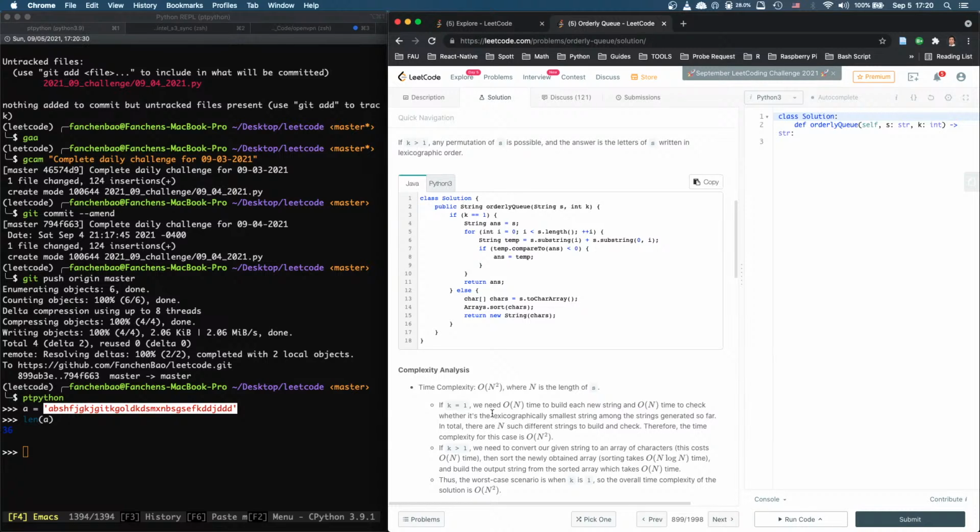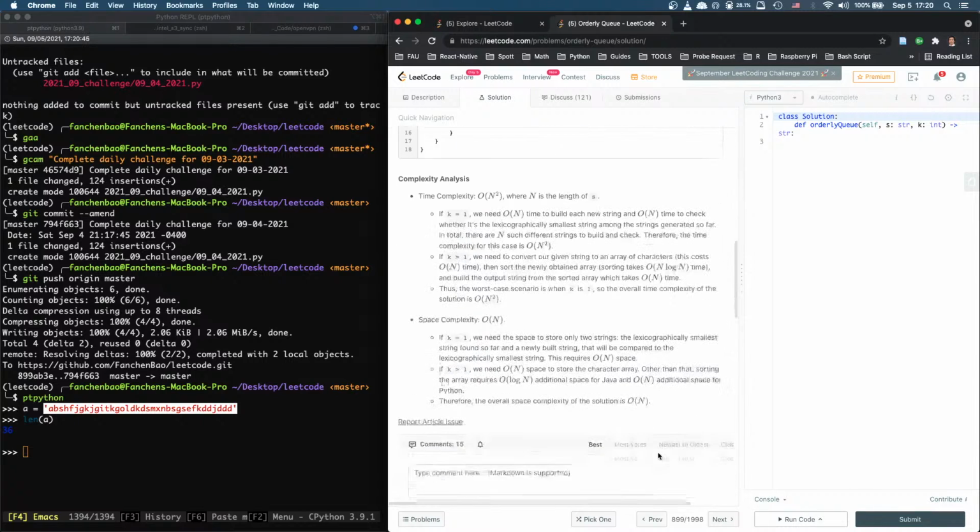If we have multiple smallest, we have to check every single one of them. We check the first one, check the second one, check the third. We have to check every single one. That's why it's O(n) squared. And that's O(n log n), so overall O(n) squared.